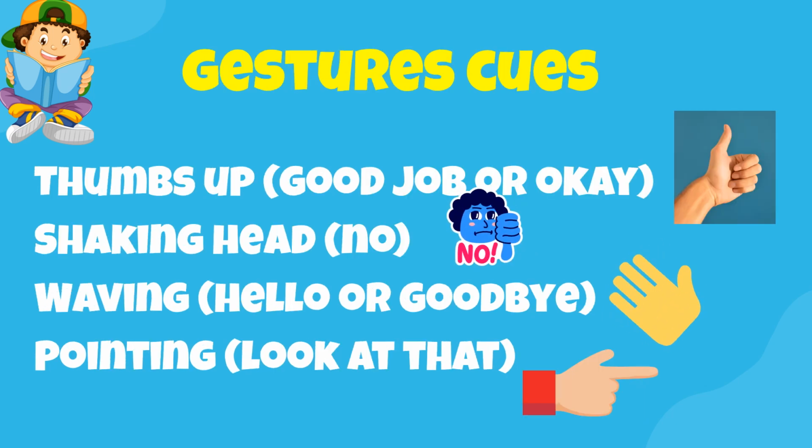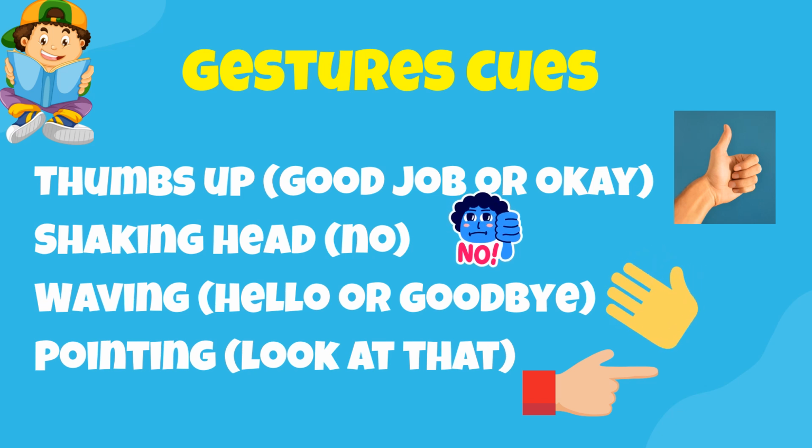And we are also using gestures, cues, or signals. When we do thumbs up, it means good job or okay. The second one is shaking our head when we disagree, when we don't want something. When we wave, it means we say hello or goodbye.